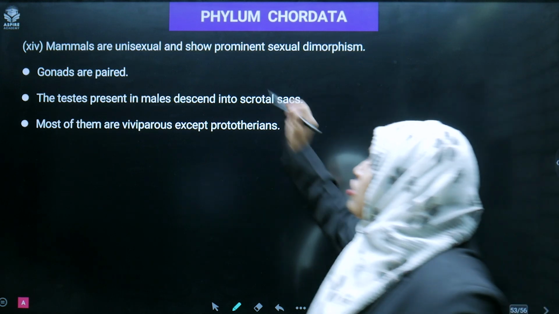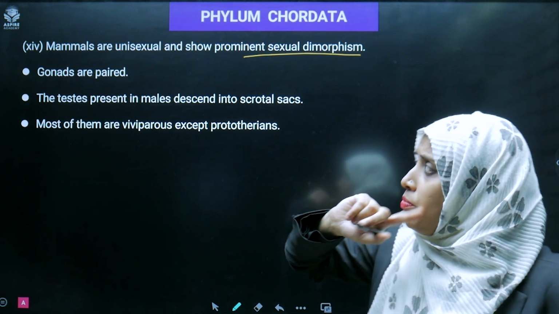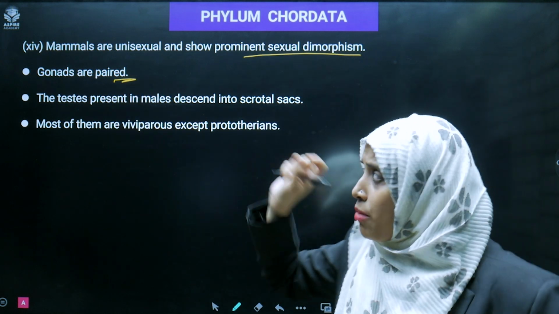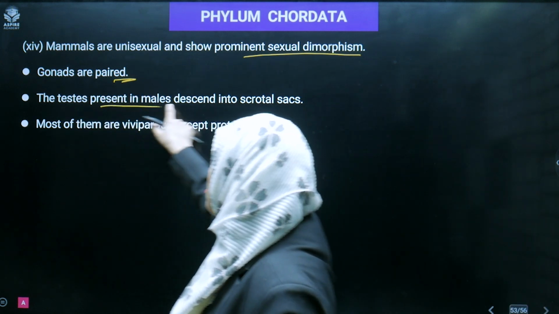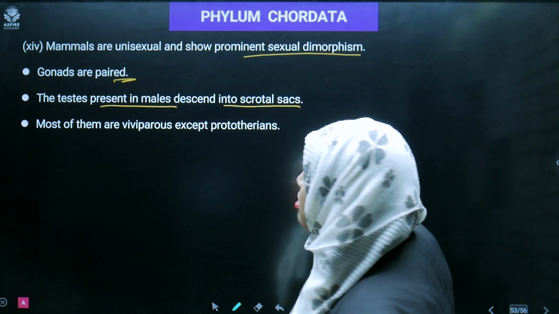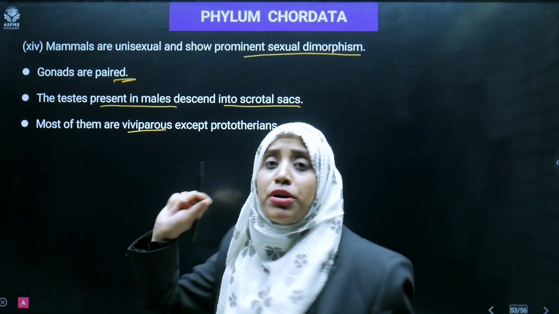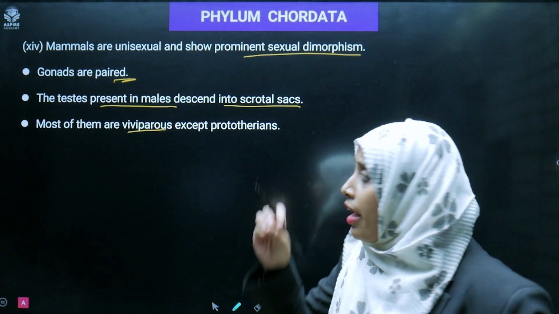Mammals are unisexual and show prominent sexual dimorphism. Gonads are paired. The reproductive organs are present in pairs. The testes in males descend into the scrotal sac, and most mammals are viviparous. That means they give birth to their young ones.